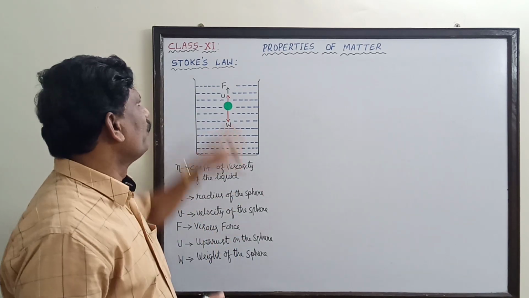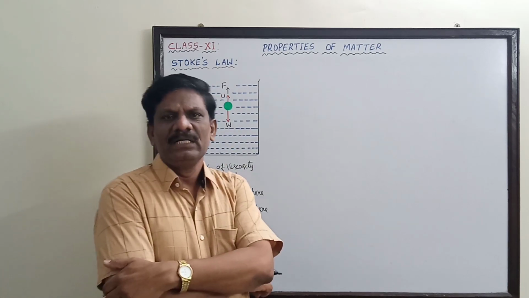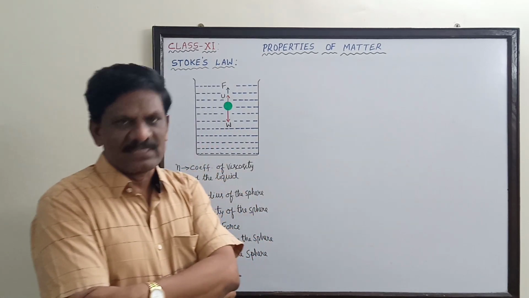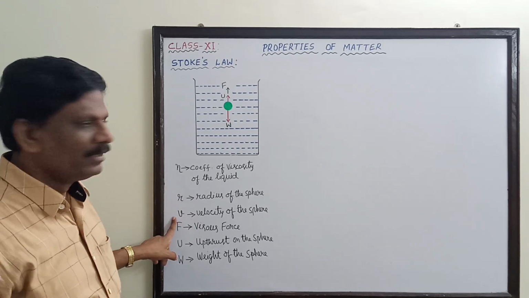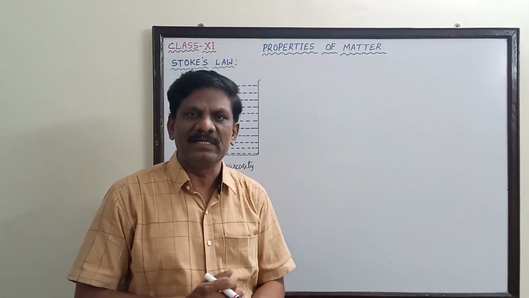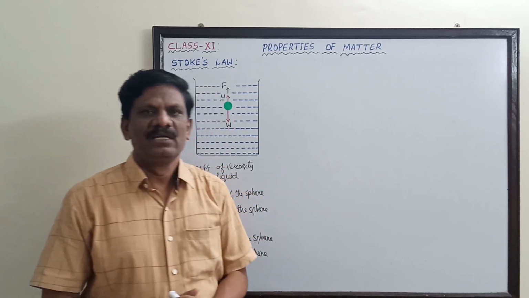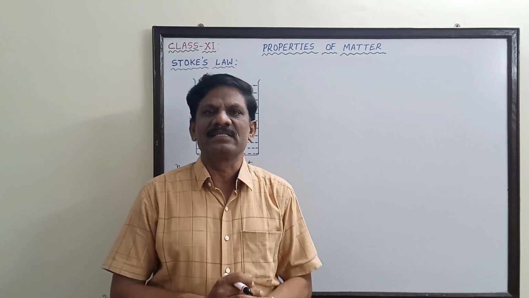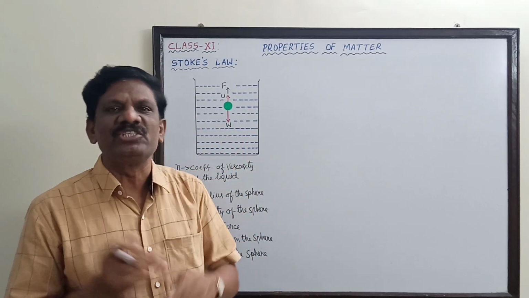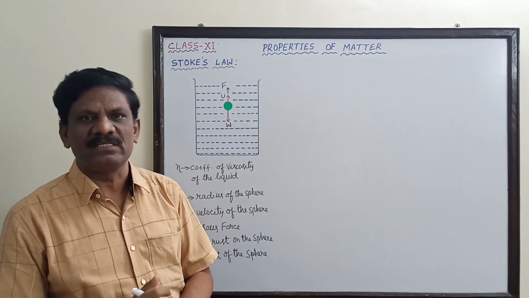Now we want to derive Stoke's law and get an expression for the viscous force in terms of eta, R and V. For this we are going to use dimensional analysis. In the first chapter we have studied that dimensional analysis can be used to derive the relationship among various physical quantities.